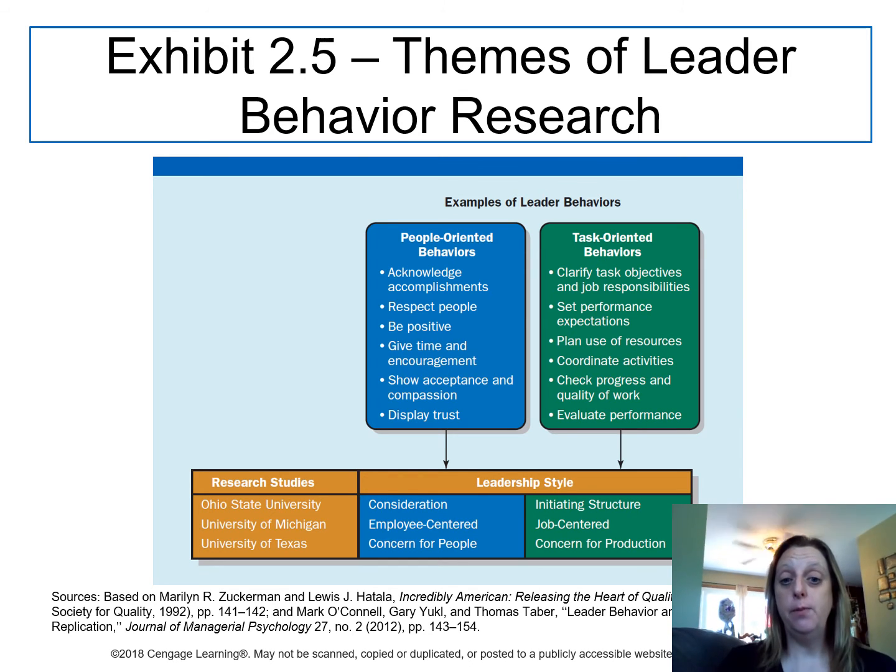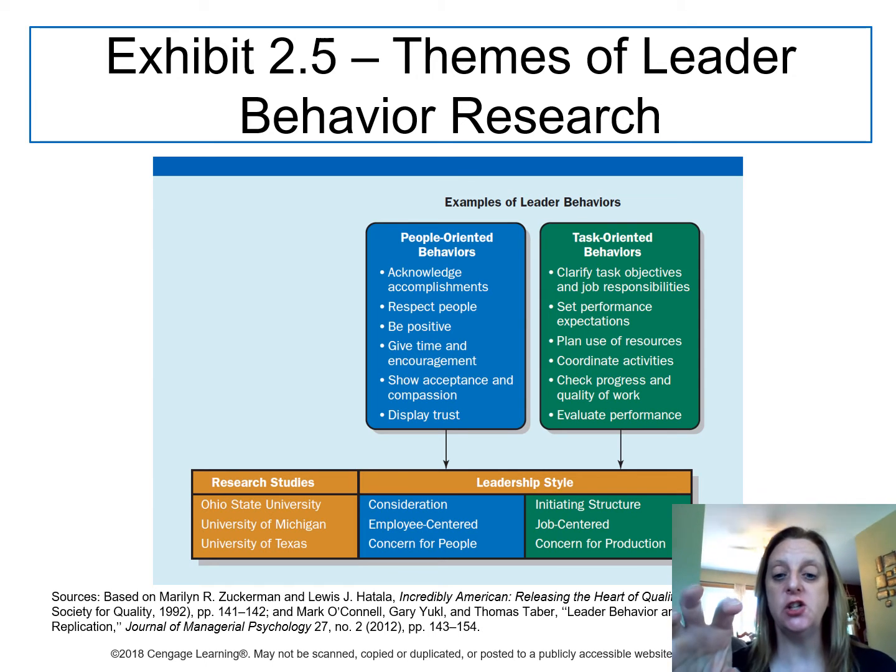So you've got the people-oriented or employee-focused behavioral models of leadership, and then you've got the task-oriented or initiating structure models of leadership behavior.